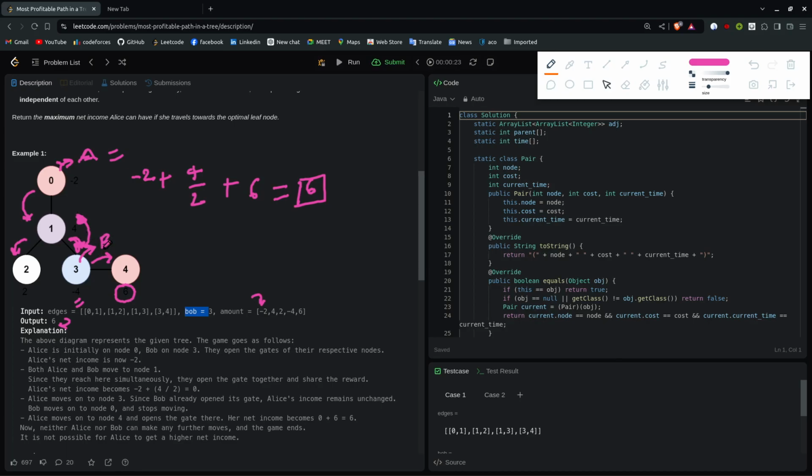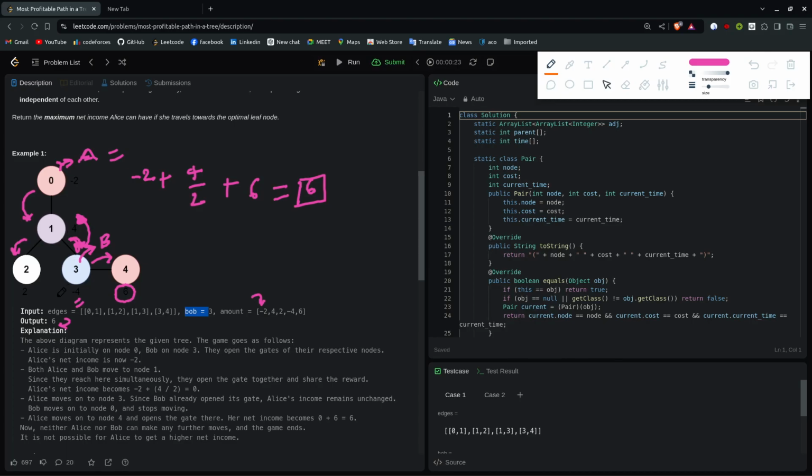So for Bob, what we can do is maintain two things over here. We will keep on going upwards, since Bob needs to do so, and we will try to compute the time at which Bob reaches that particular node.